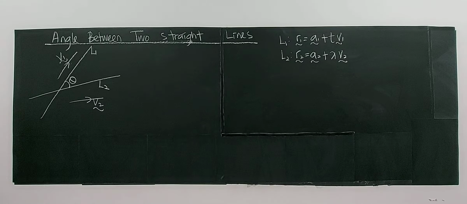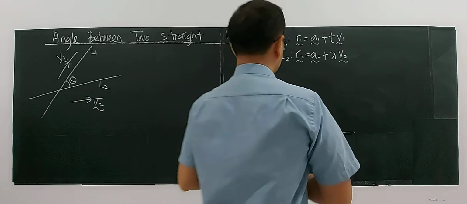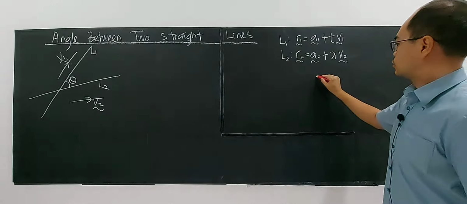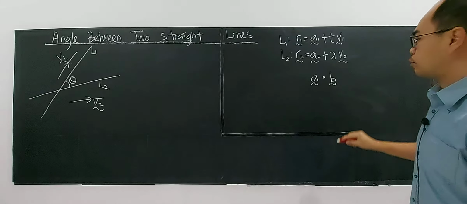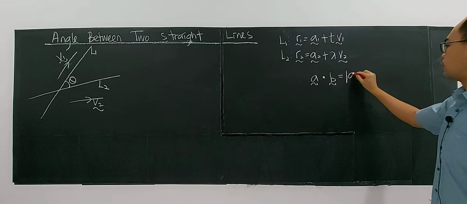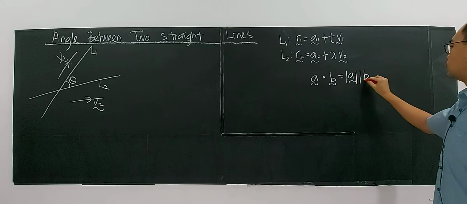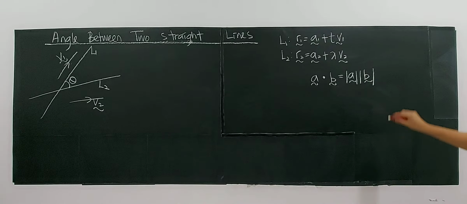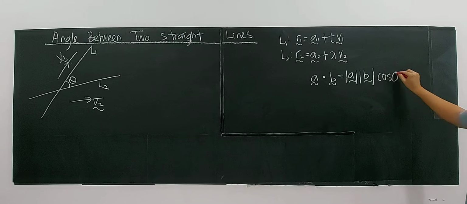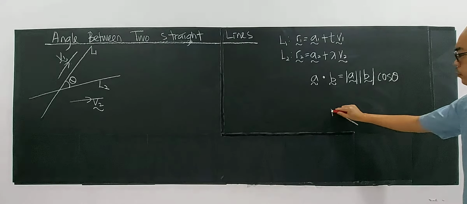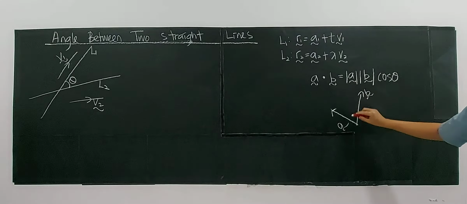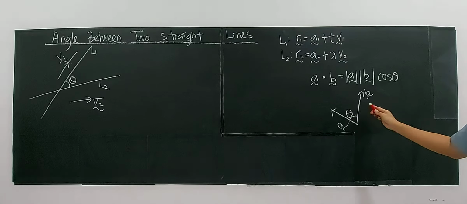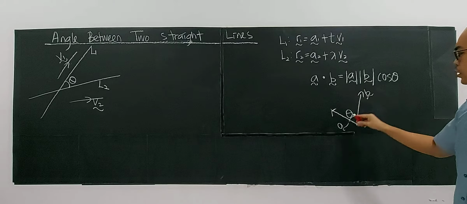So how do we find the angle? We are going to apply the formula for the dot product. If there are two vectors, the dot product has a definition: the magnitude of A, magnitude of B, cosine theta, where A and B are vectors, and this formula is used to find the angle between two vectors.